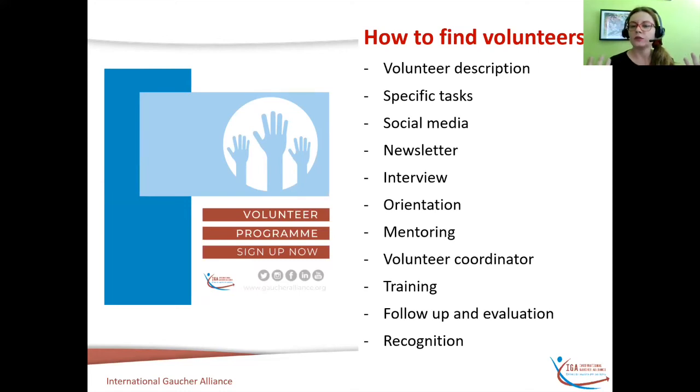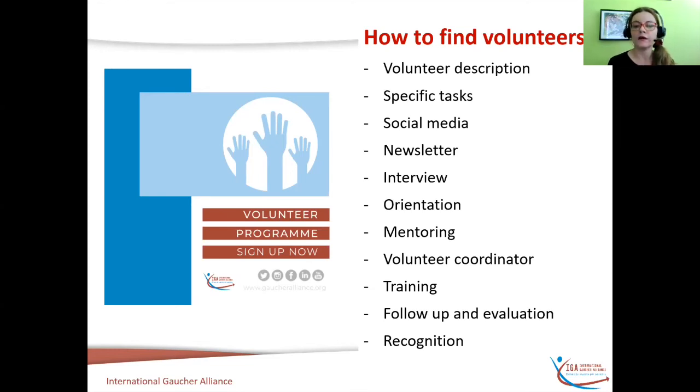After you do the volunteer description with the specific tasks, as they explained before, after you advertise, you need to interview people. Again, this was explained. You need to do the orientation. What I like to do is also do mentoring, or having somebody responsible for the volunteer.